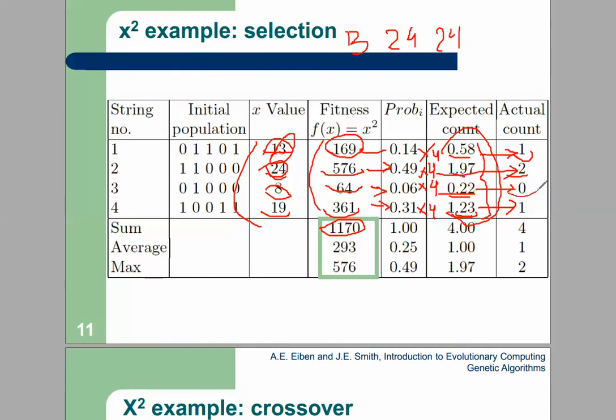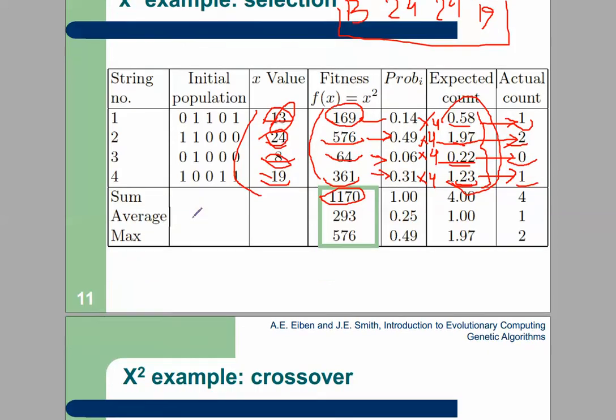We don't have this element because it has low fitness, and one element of this. So in the next generation, you have this population with 13, two elements of 24, and one element of 19.